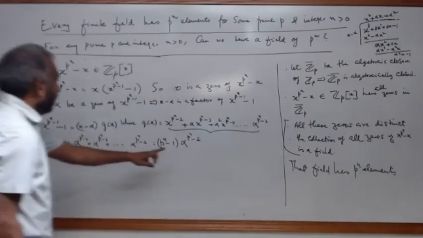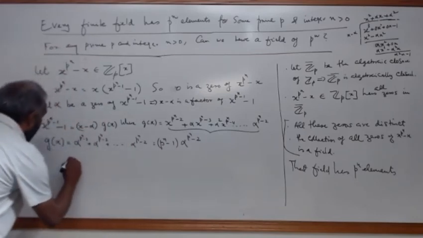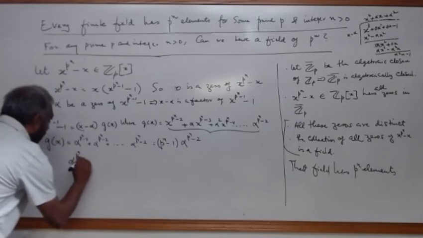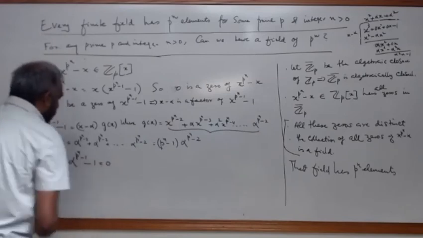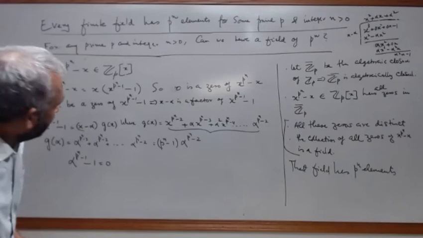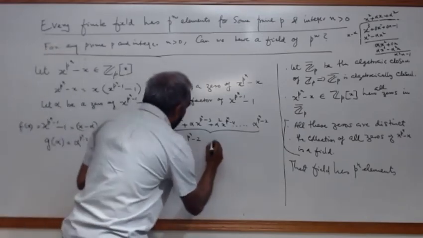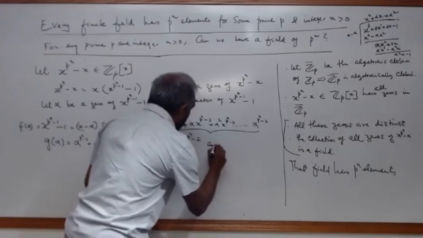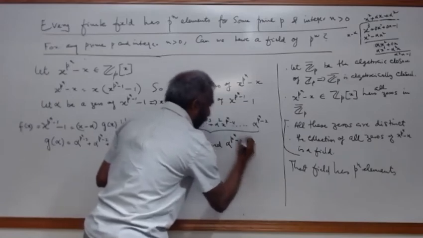But what is alpha? Alpha to the power of p to the power of n minus 1 is equal to 0, because alpha is a 0 of that polynomial, right? So let us write it here. Alpha to the power of p to the power of n minus 1 is equal to 1.